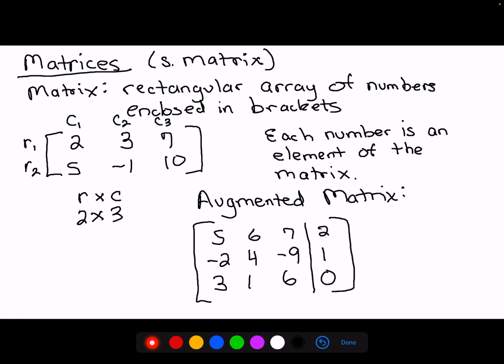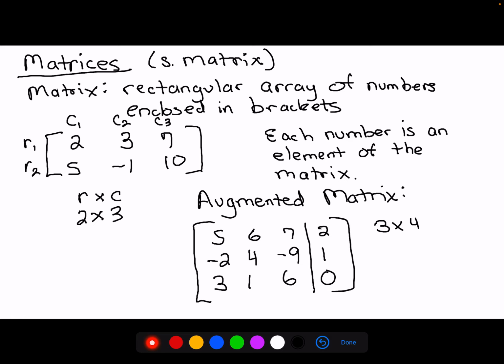Okay, that's just an example of what an augmented matrix looks like. So this one has 3 rows and then 4 columns. So this one's a 3 by 4.